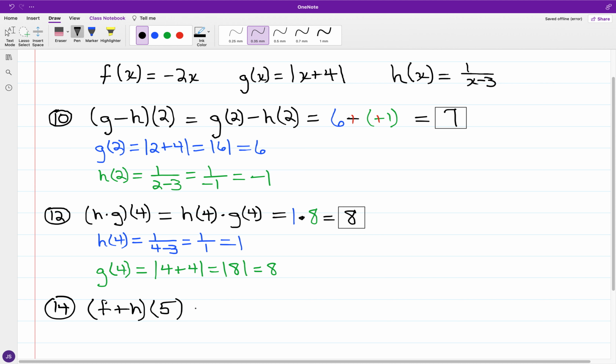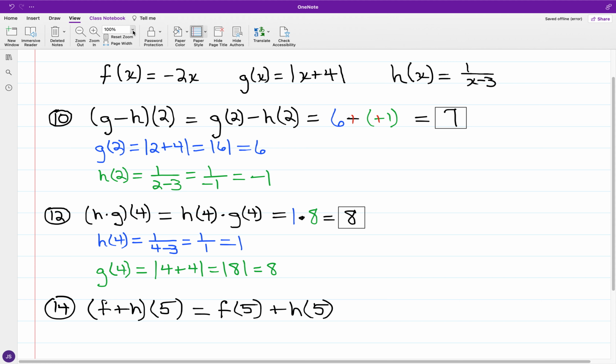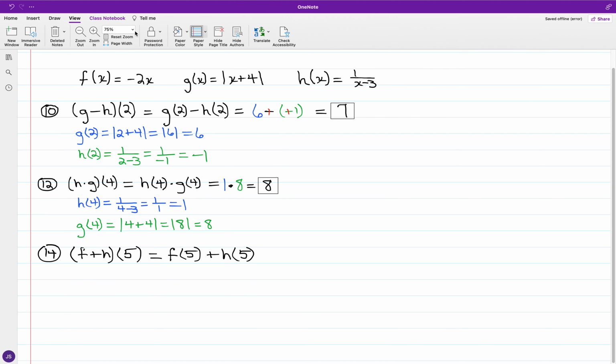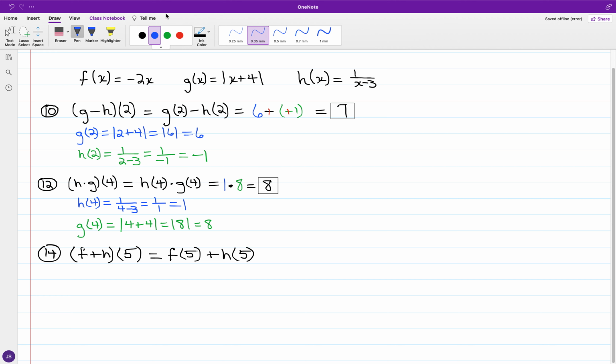Expanding on out, this is going to be f of 5 plus h of 5, and we're looking at attaining the values of f of 5 and h of 5. So with f of 5, we have f of x equal to negative 2x, so f of 5 is equal to negative 2 times 5. So this will be negative 10.